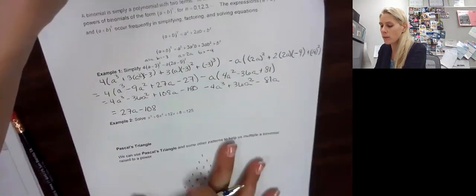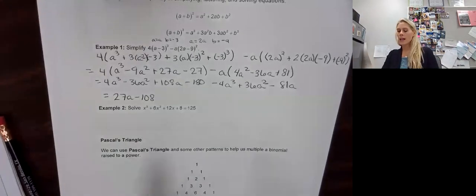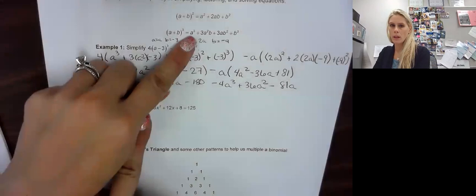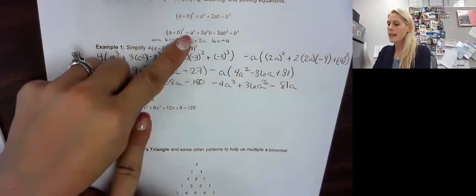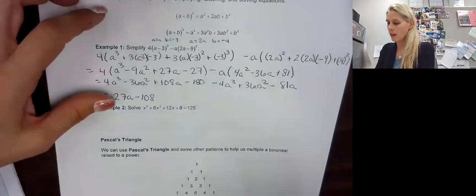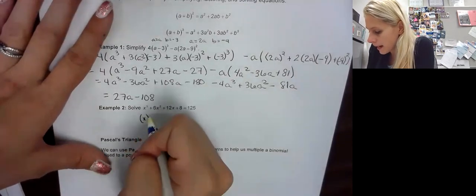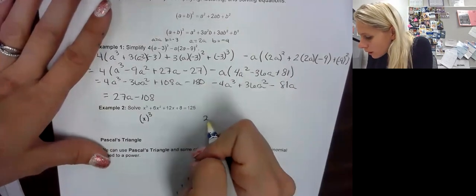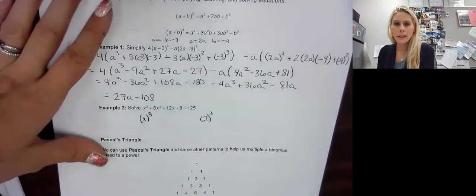All right, so what if we were to go backwards? Well, the one thing I want you to keep in mind is that this is cubic, okay? And if we look at our cubic, we see that the a is cubed first and the b is cubed in the end. Okay, so I would say x is our a, and 2 cubed, so 2 is our b.